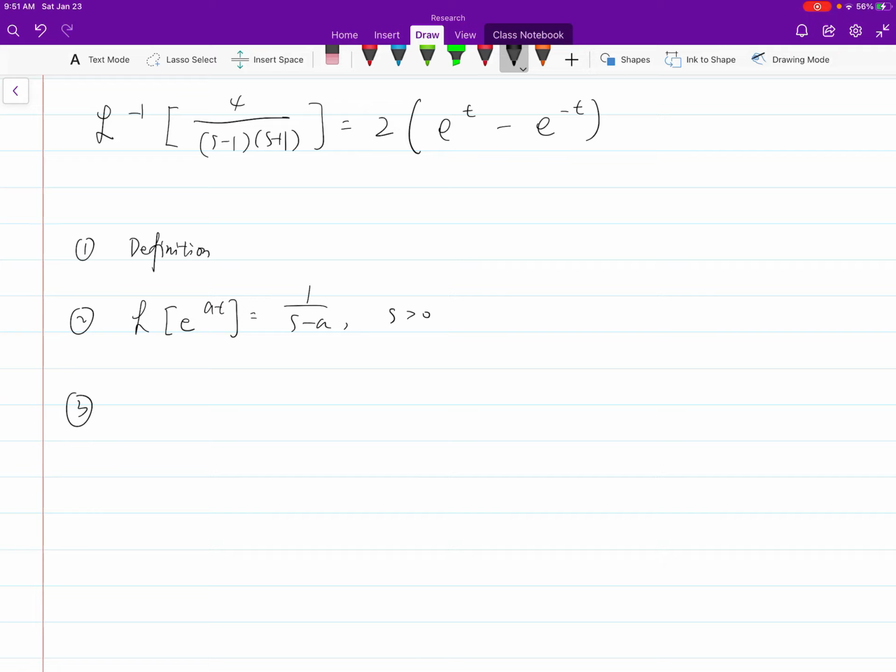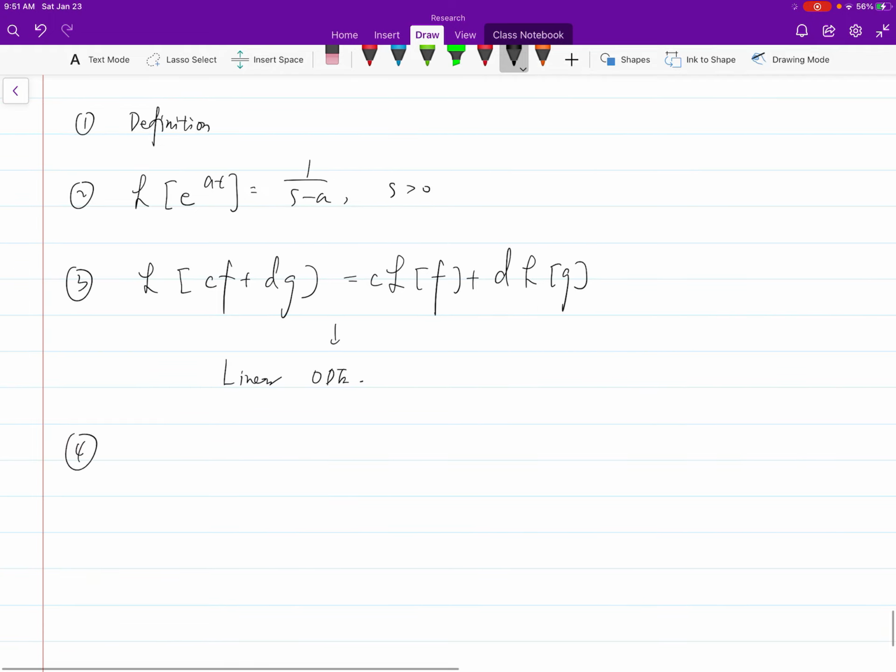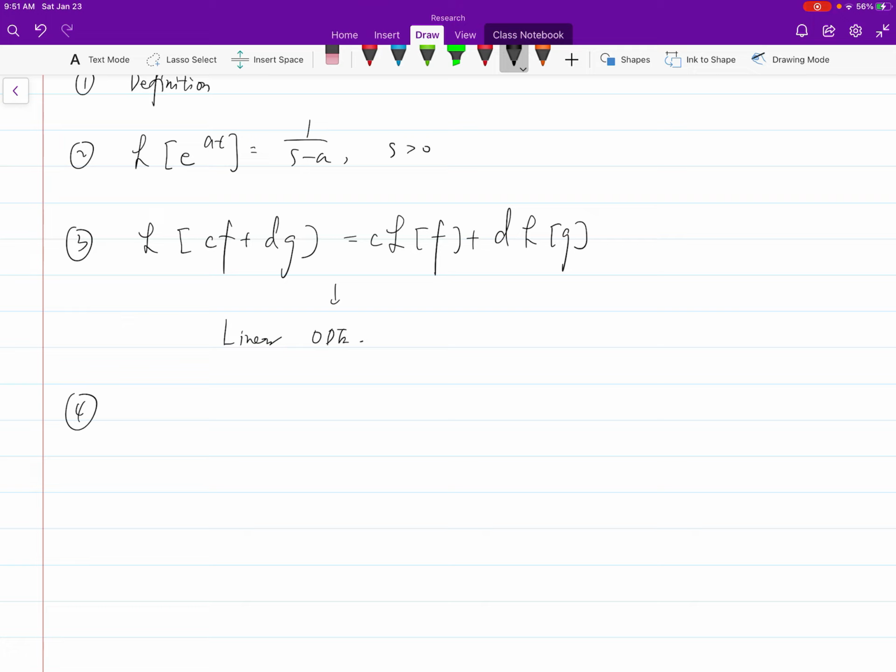Number 3 are the linear properties of the Laplace transform, so we can do any operation we want. This tells you that we can only handle linear ODEs. Nonlinear is not our concern.